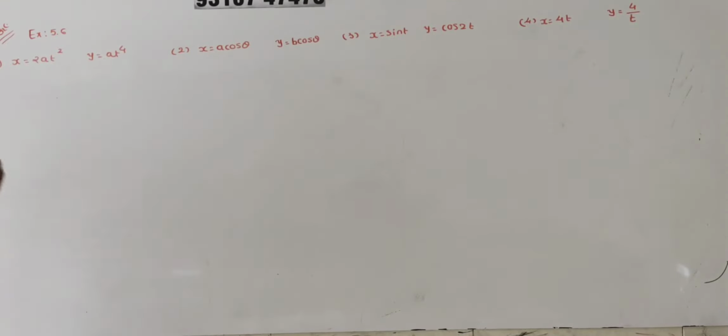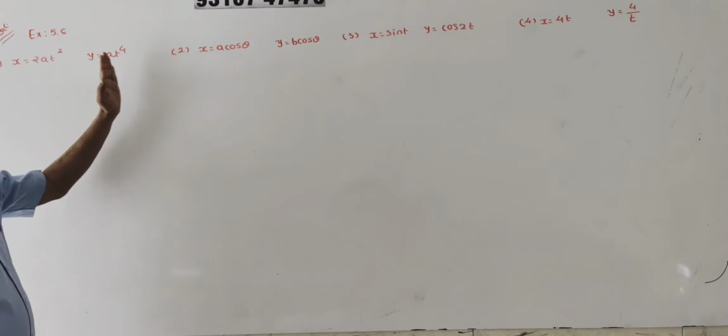Today we are going to start our exercise number 5.6. In that, x is given in terms of t, y is also given in terms of t, and we have to find dy by dx. So first of all, you have to differentiate x with respect to t.